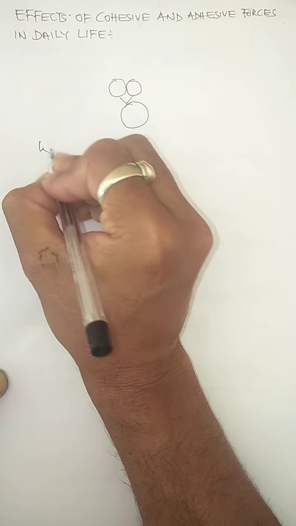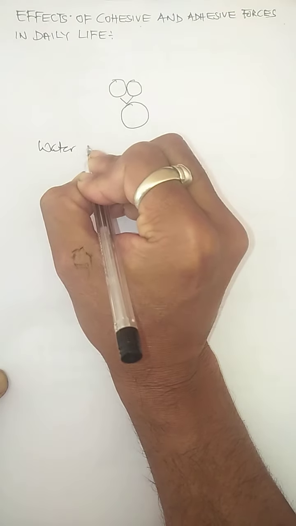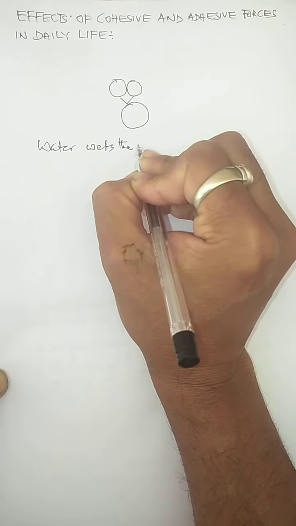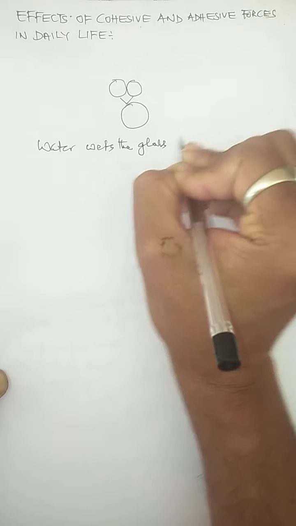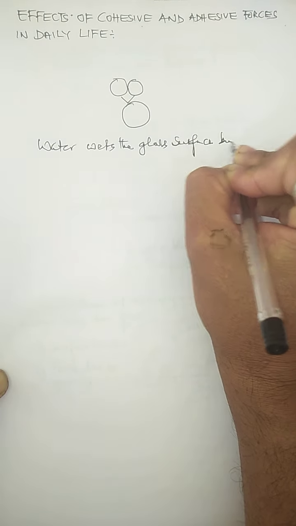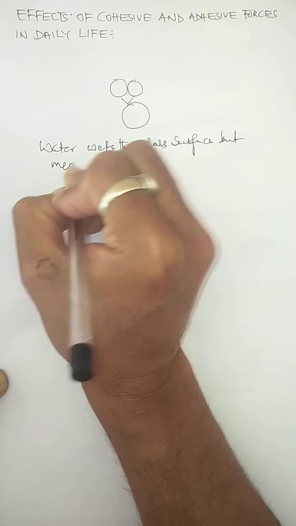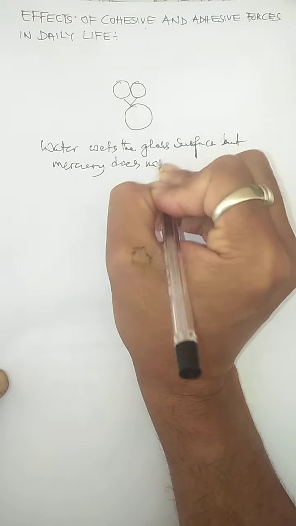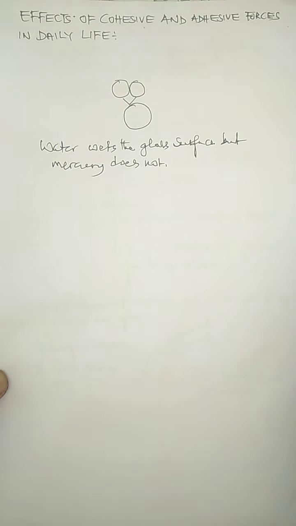Water wets the glass surface, but mercury, as you know, one of the liquids, does not. And this is also due to the cohesive force and adhesive force exerted between the molecules of water and the glass.